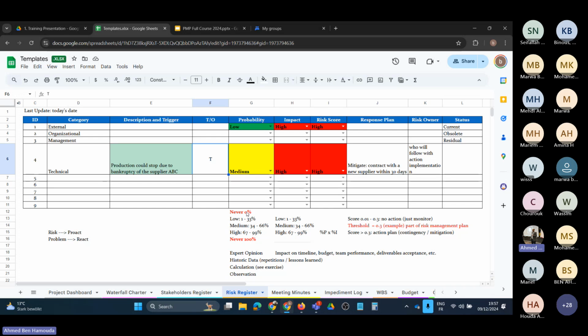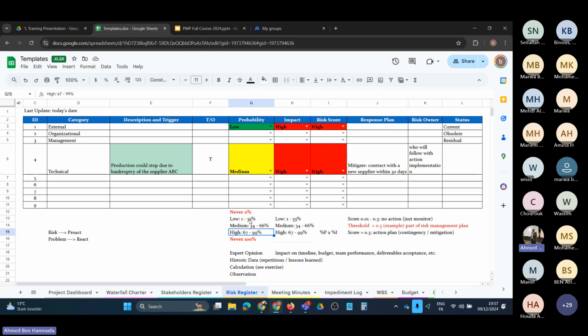Because 100% probability contradicts the basic definition of a risk, which is a probable event which could occur and may not occur. So that's why we don't really take 100%. Okay, so let's suppose here for a low risk, a low risk is when the probability is from 1 to 33%, medium is 34 to 66%, and high is 67 to 99%.